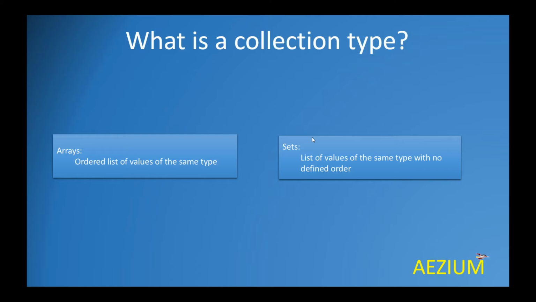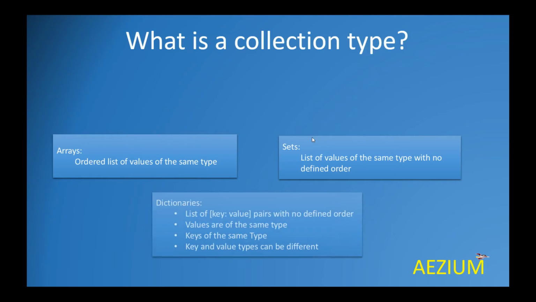So the elements of a set are not put in a specific order. Dictionaries are lists of key value pairs, and again, like the sets, elements of dictionaries do not follow a specific order.